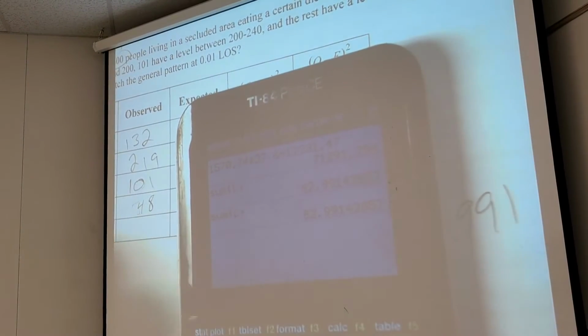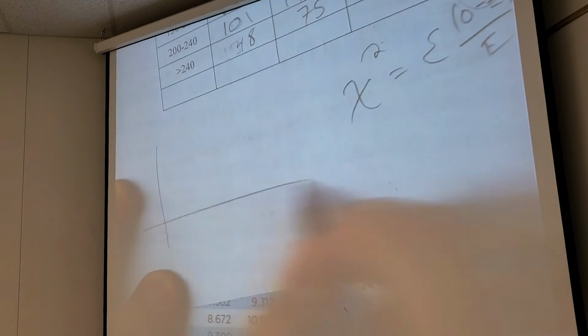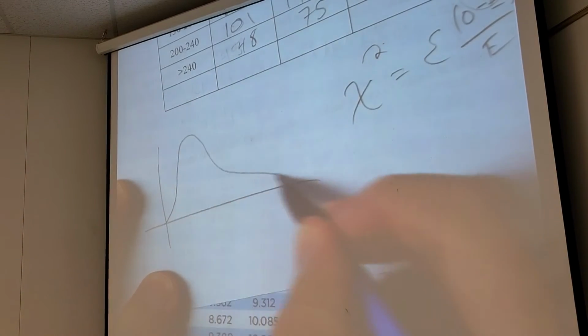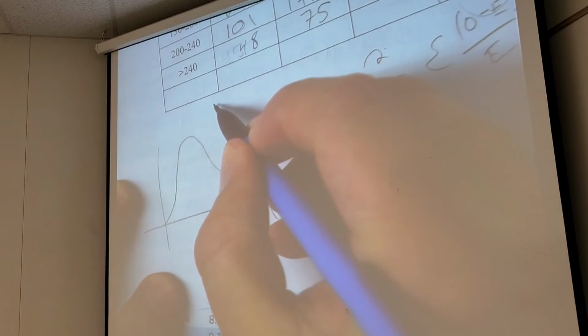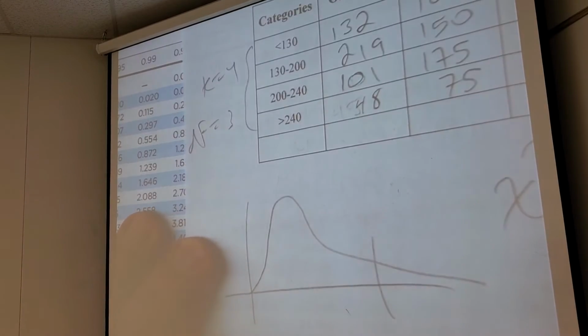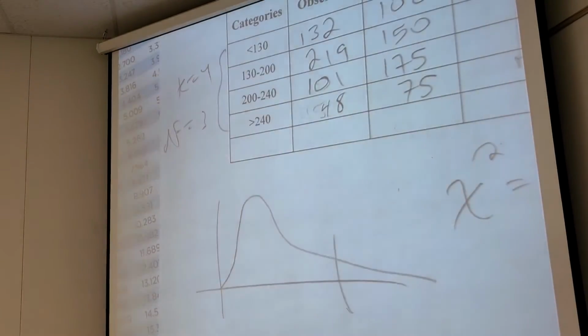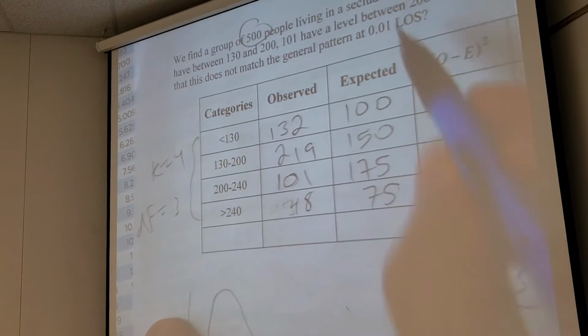So now I need to see if that's far enough away. How many degrees of freedom do I have? So I got 3, good, because K is 4. So the degrees of freedom is 3. And if I look that up, I know what alpha is.